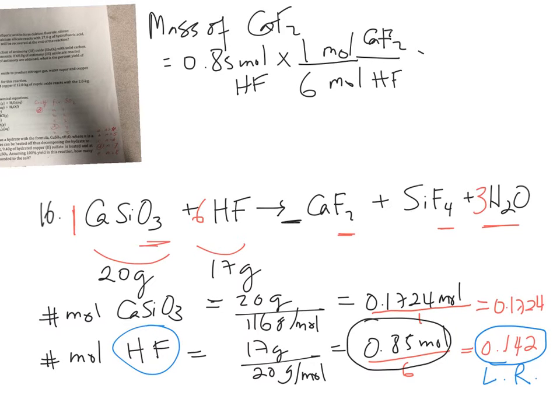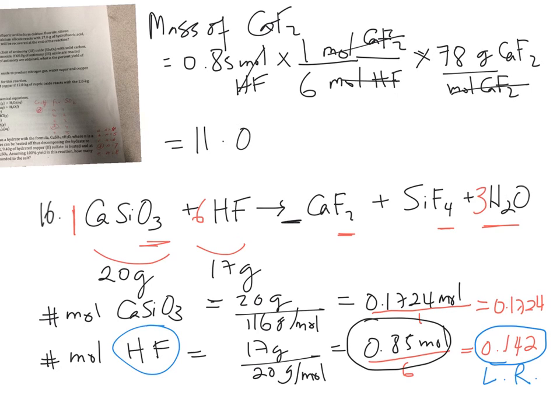Lastly I'm going to multiply by the molar mass of CaF2, which if you look up the periodic table, is 78 grams per mole CaF2. The reason I do that is because I want to convert the number of moles back to the mass. So the moles of HF cancel, the moles of CaF2 cancel, and your unit becomes grams of CaF2. Your final answer should be 11.05 grams. That's for number 16.